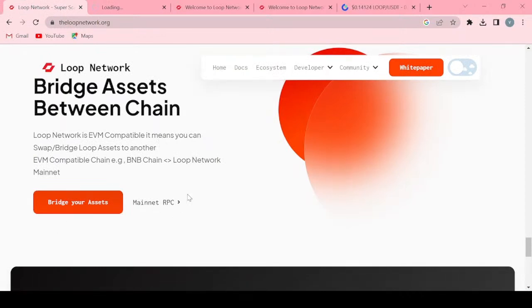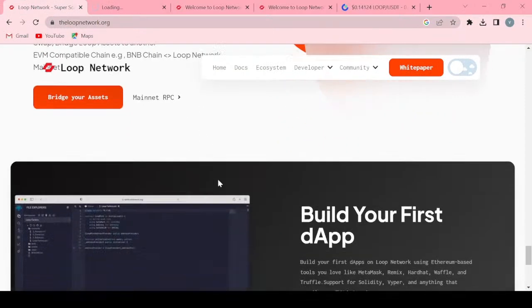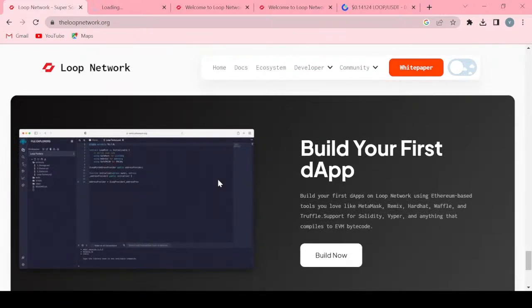Okay. So here you can build your decentralized application. How can you build your decentralized application on the Loop Network? Let's see. You can build your first decentralized application on Loop using Ethereum based tools like MetaMask.